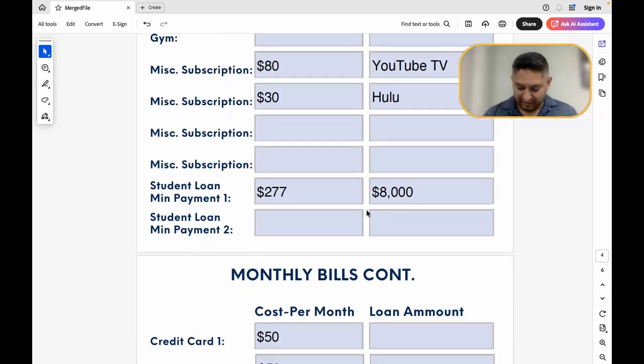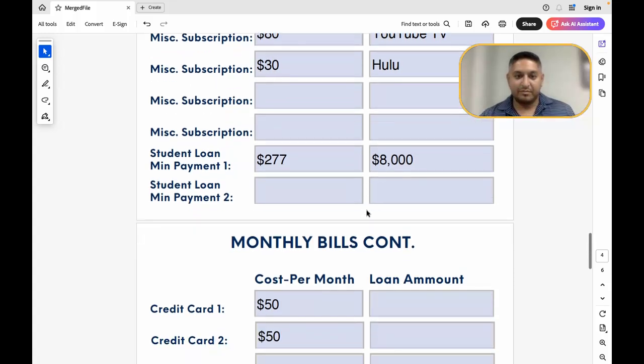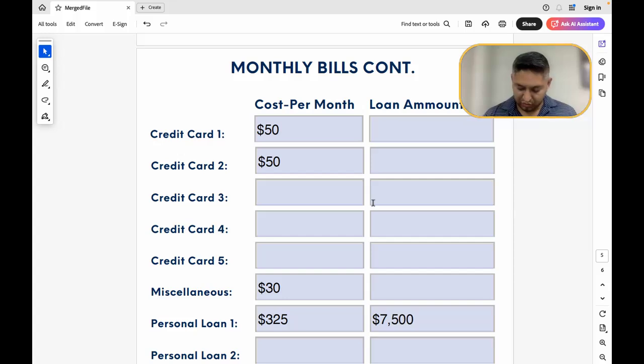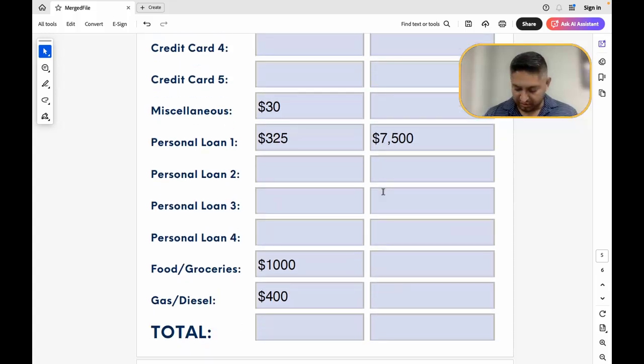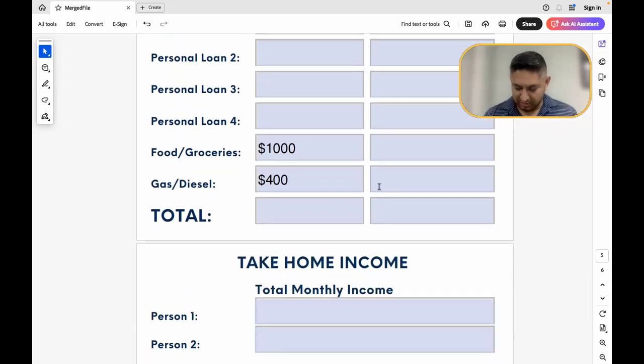So we're adding this along, and then the 77 student loans plus 50 plus 50. Then we're gonna do plus 30, 325 plus 1,000 plus 400.